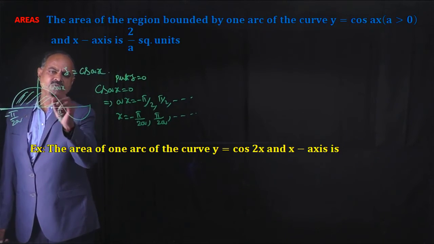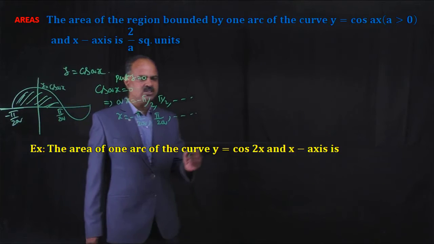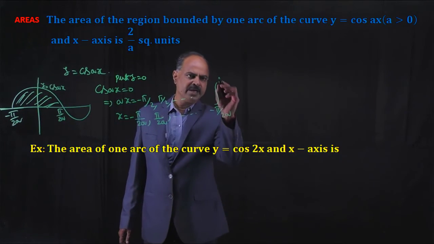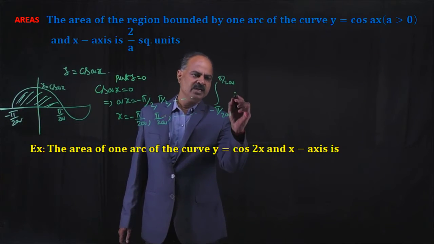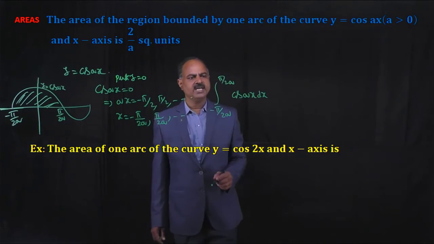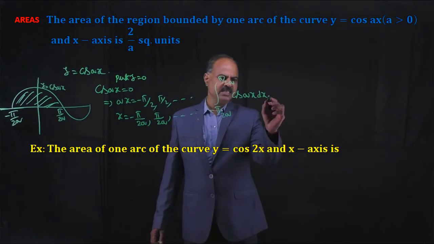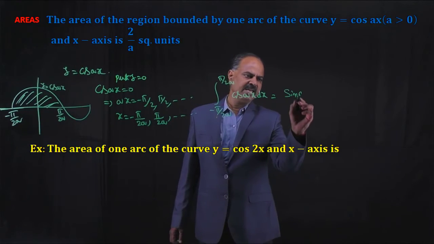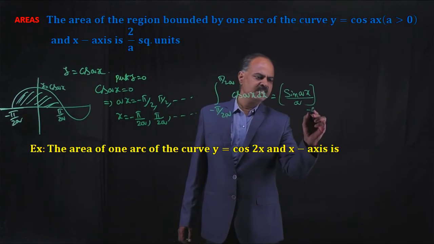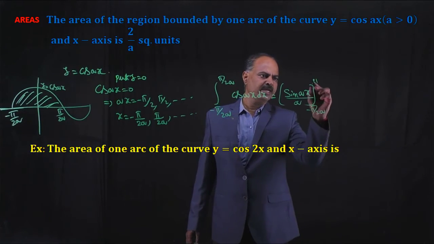So the required area is the integral from minus pi by 2a to pi by 2a of cos ax dx. We know that the integral of cos x is sin x, so here it is sin ax divided by a, with limits minus pi by 2a to pi by 2a.